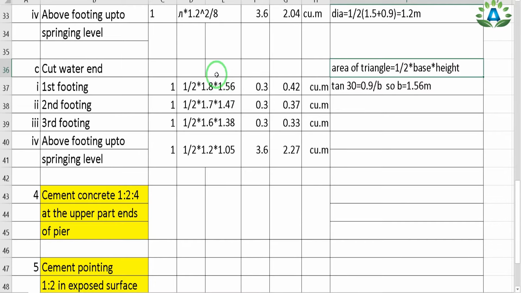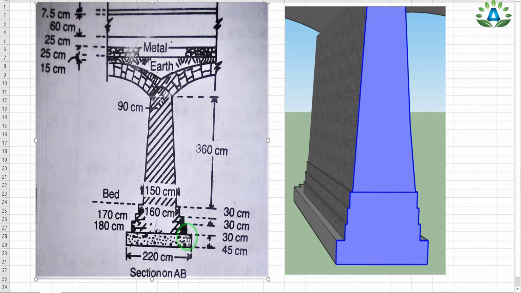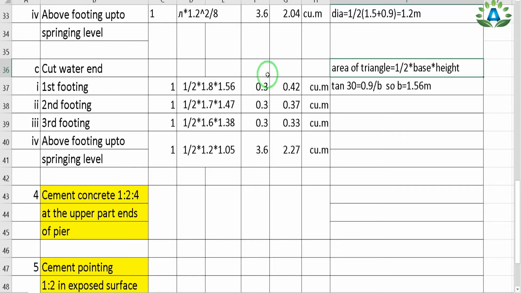The height of this cut water end portion is 30 centimeter, so we can write the height equals 0.3 meter. And we get 0.42 cubic meter.